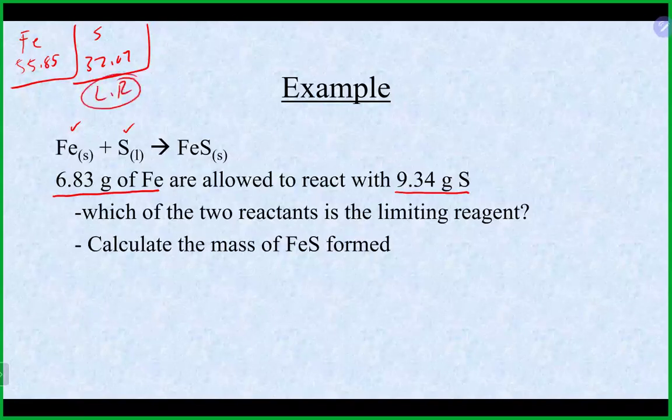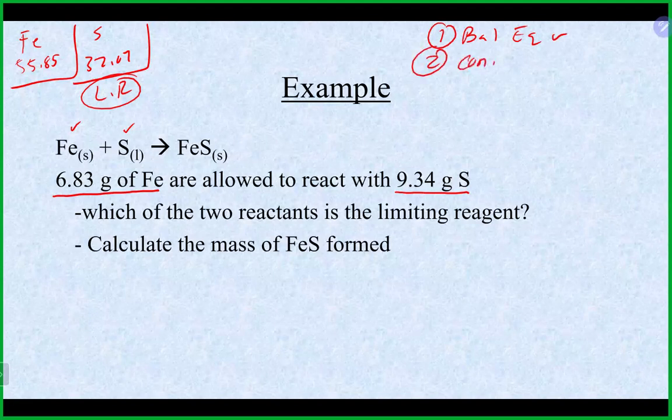So I know I'm going to have to figure out the limiting reagent here. We're still going to roll through our normal steps, no matter what process you take. You need to start with a balanced equation, which it is here, so we're good. We need to convert to moles. In this case, we do need to do that, so we're going to convert each of these into moles.